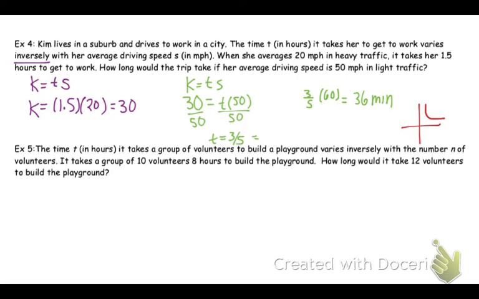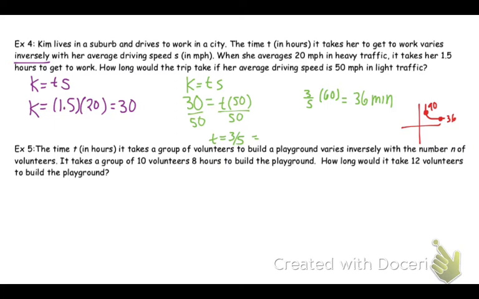Whoops, I put my dot in not a very good spot. 20 miles per hour, here's, let's say, 1.5 hours up there. If her speed is 50, it's taking her less time, which also makes more sense as a real-world problem. If you're driving faster, it should take you less time to get to work. So again, 20 miles per hour, an hour and a half, which is 90 minutes. 36 minutes when we're going faster.